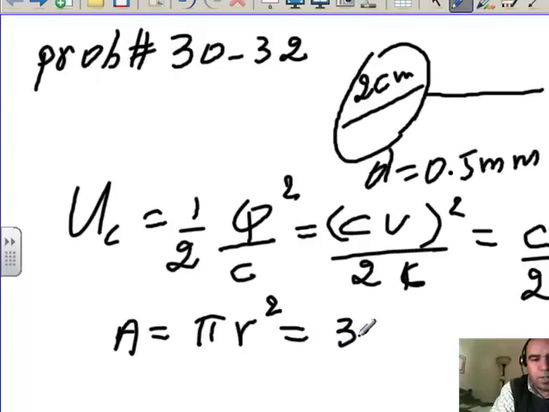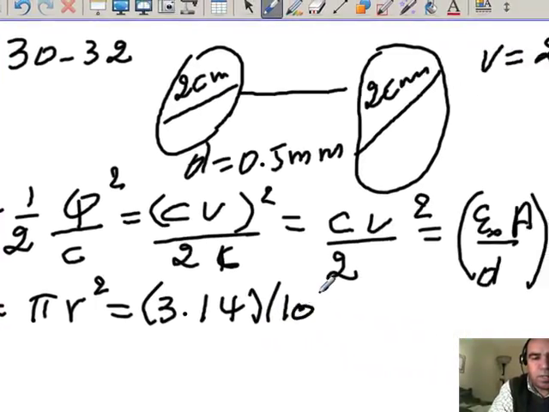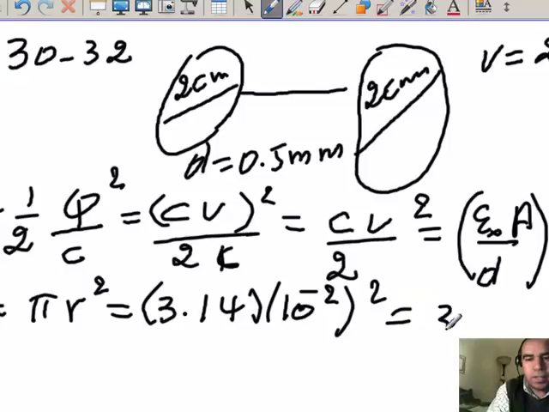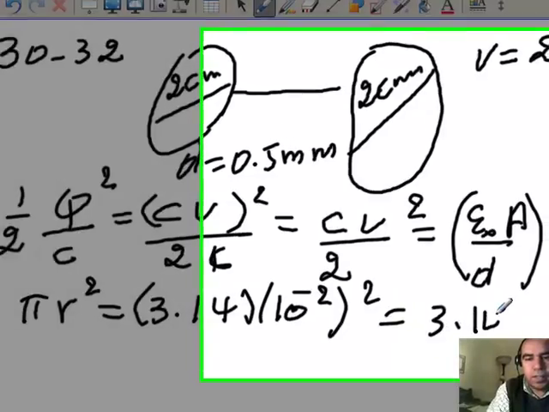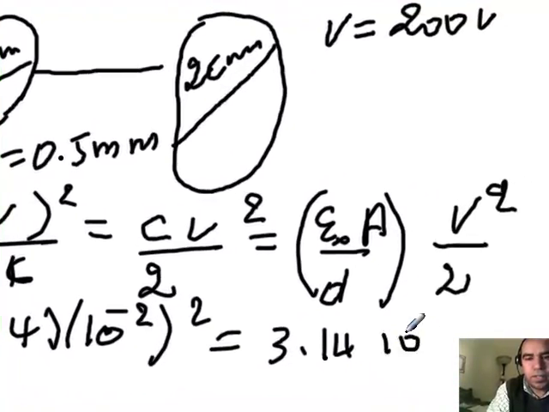And so this is 3.14 times r, which is 1 centimeter, that is 10 to the negative 2 meter, squared. And so it is 3.14 times 10 to the negative 4 meters squared. This is the area.